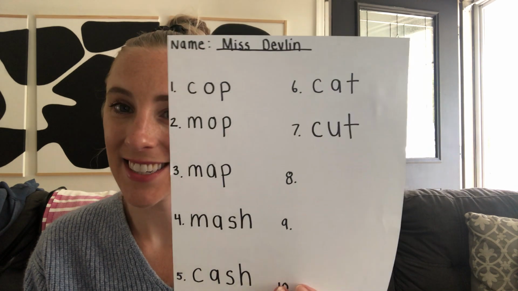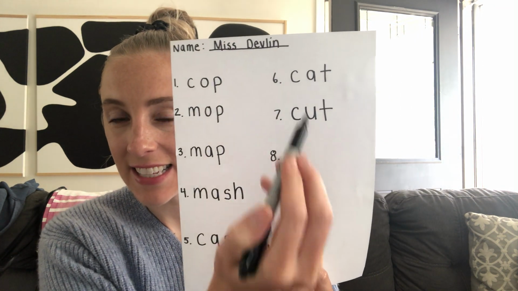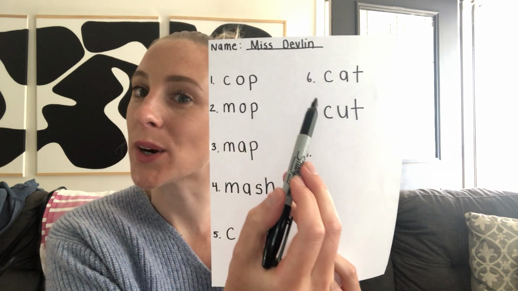But think, what sound are we changing? The first sound, the second sound, or the third sound? If you said the second sound, you are right. Cut. All right, see how we changed that second sound to make cat into the word cut.